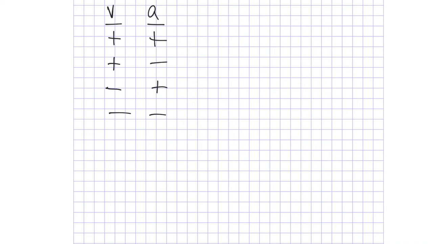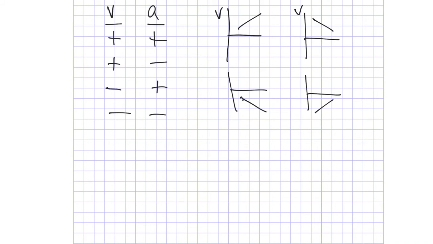But if we're looking at these graphs, right, it would look like this, and then what did it look like next? This and that, I think, right? Okay. So if I'm talking about a positive velocity, and my velocity is on the y-axis, where am I going to find positive velocities?